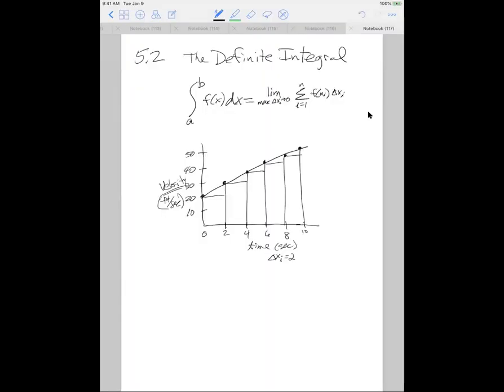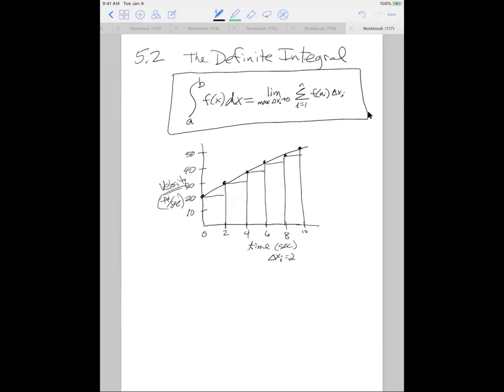Recognize that what I'm going to be showing is the notation of the definite integral expressed as a sum of areas of rectangles. That's what we're talking about here.